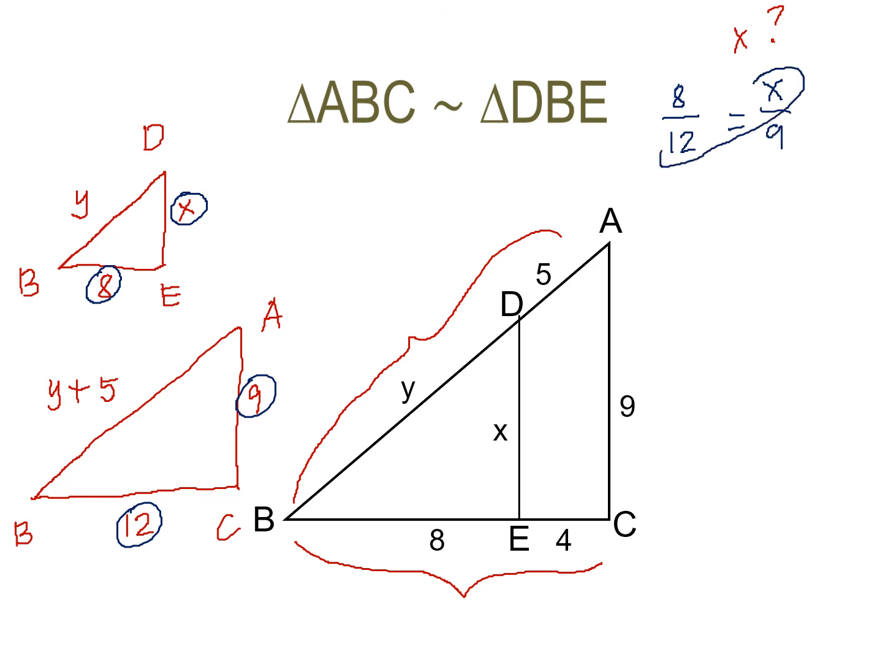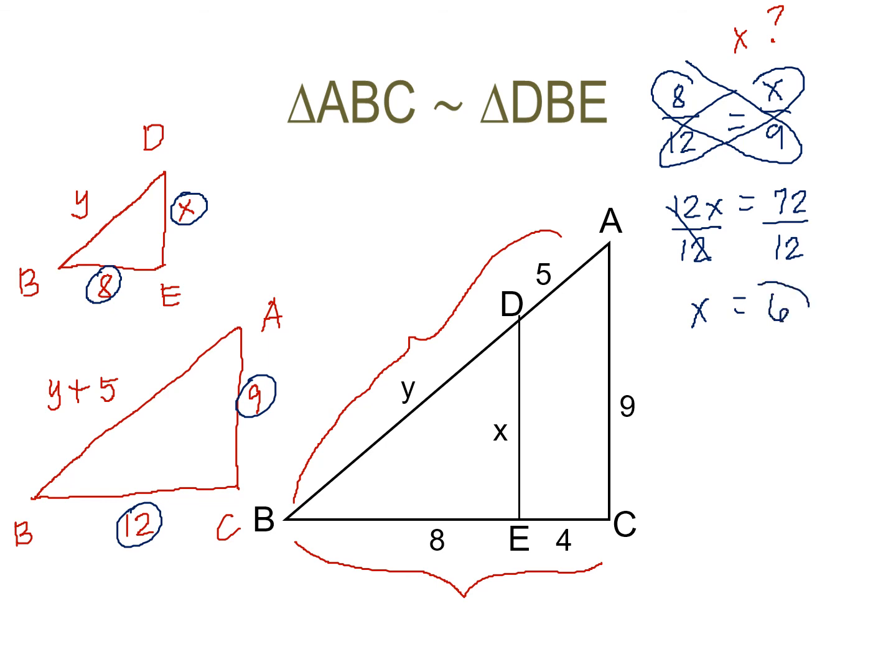Cross multiply, we have 12x is equal to 8 times 9, 72. Divide both sides by 12. Therefore, x is equal to 6.